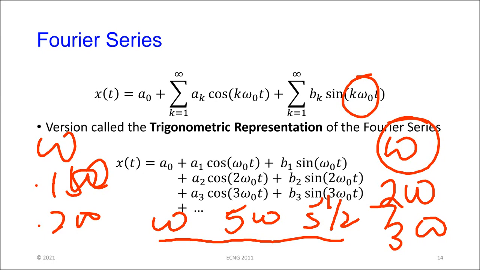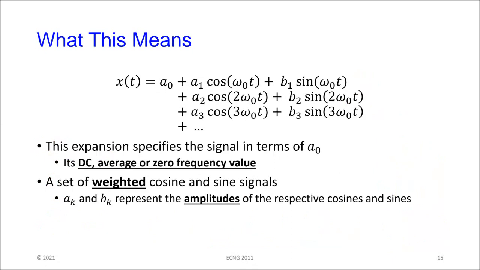Let me hold on to the final answer there for you. So the expansion is in terms of the DC average plus a set of weighted sines and cosines, which represent the amplitudes of the sines and cosines.